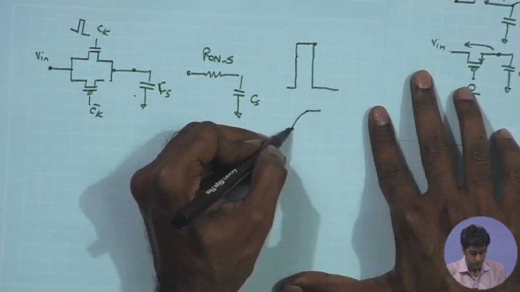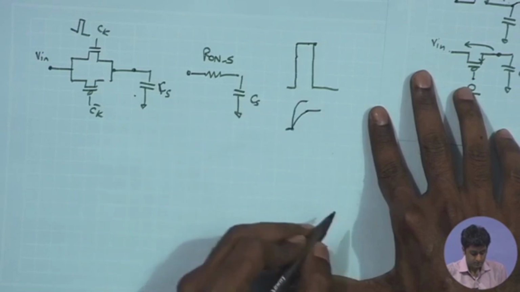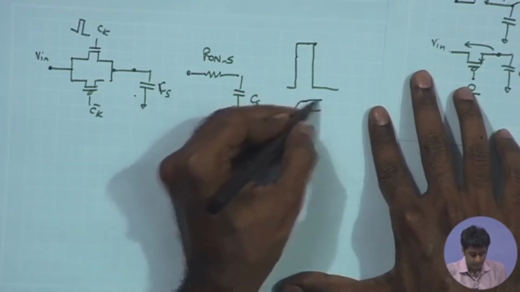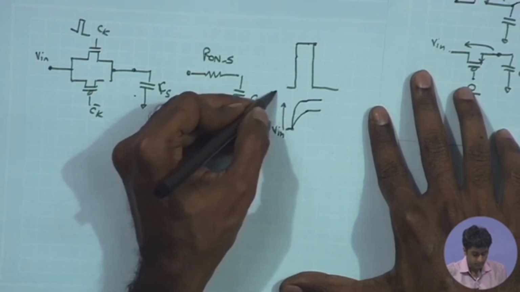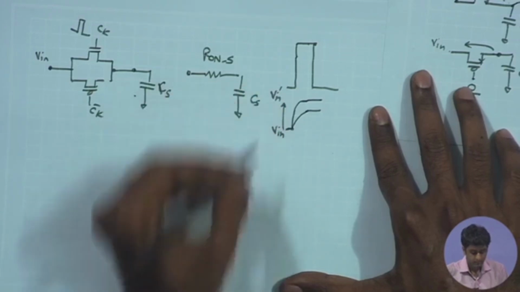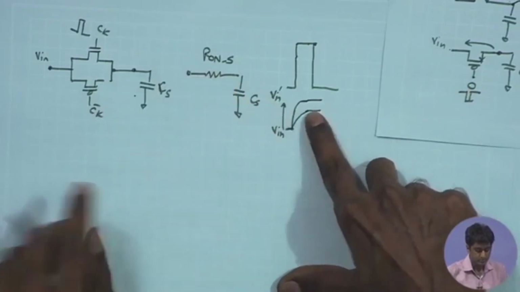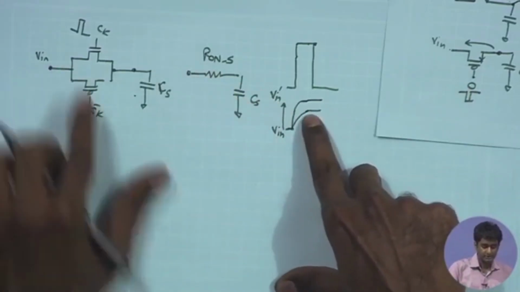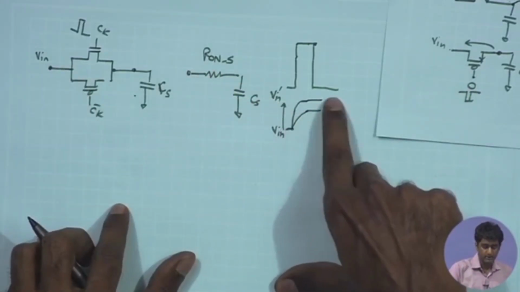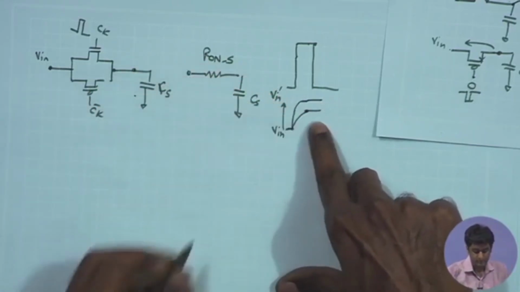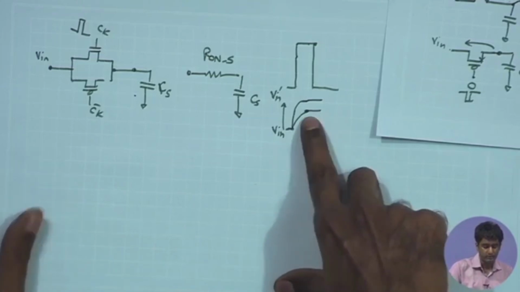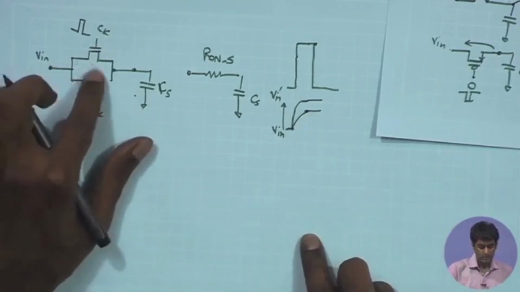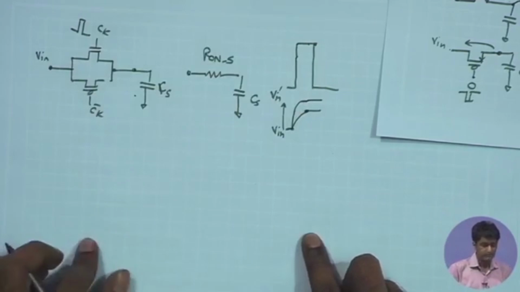The expected value ideally would have been a much larger value depending upon the jump between the V in, the previous and the current samples of V in, but the switch being large resistance, it will not be able to follow. It will have a large RC time constant. As a result, the final value that you are sampling will end up being smaller than the actual value. So, we do not want that. We would like to have the RC time constant of the switch smaller than the on duration.